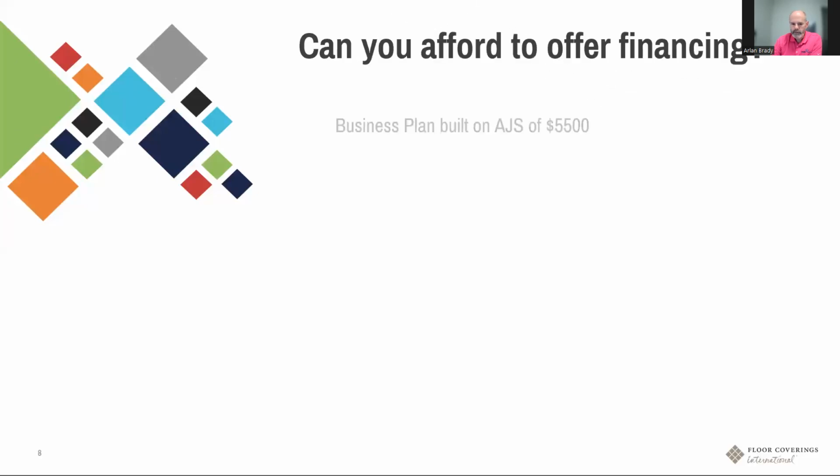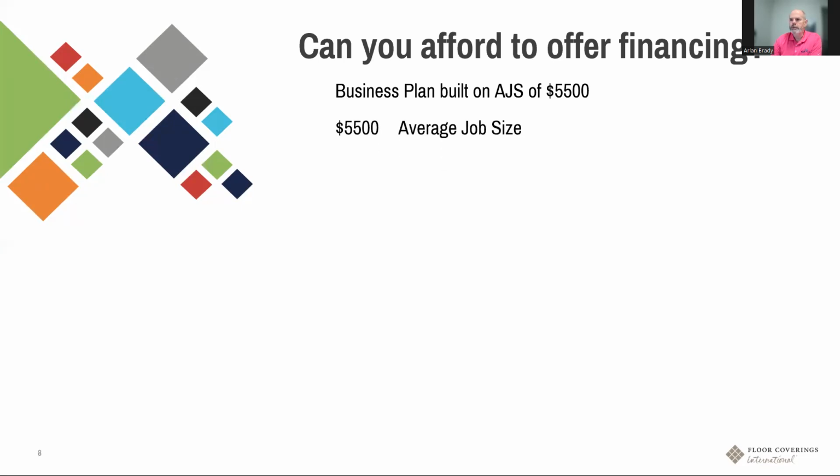Okay, so let's just set the scenario up. Can you afford it? Well, I'm going to show you a business plan built on an average job size of $5,500, which today is very, very conservative. An average job size of $5,500 with a 55% cost of goods sold. In other words, this is a 45% gross margin. So 45% margin, 55% cost of goods sold.